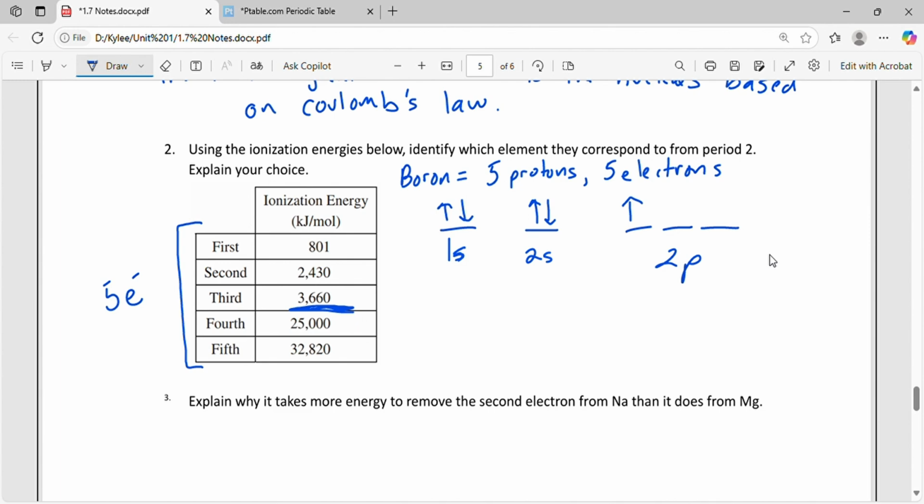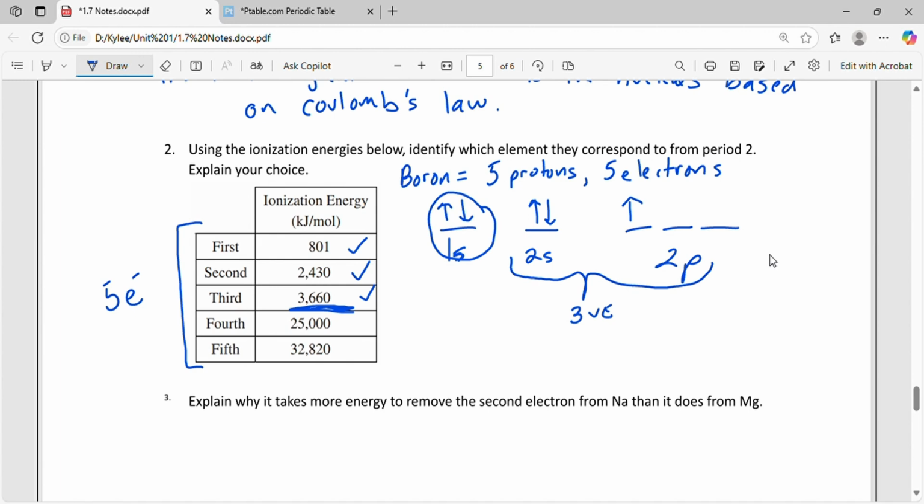And so remember that it's easiest to take our valence electrons. And how many valence electrons does boron have? It has 3 valence electrons. So this electron and this electron are getting removed from the valence shell, which is further from the nucleus and less attracted. We see a huge jump once we get closer to the nucleus and we're down to just 2 electrons.